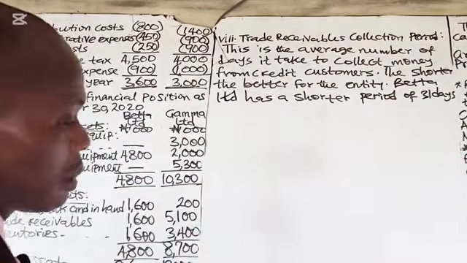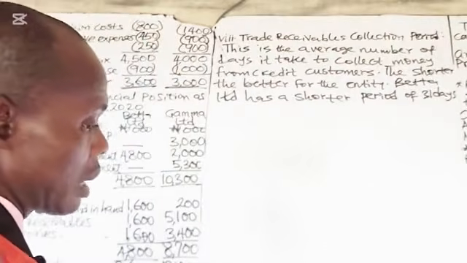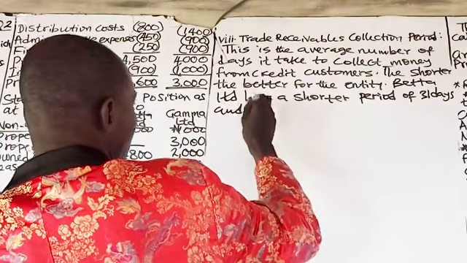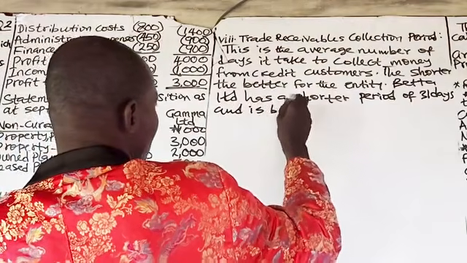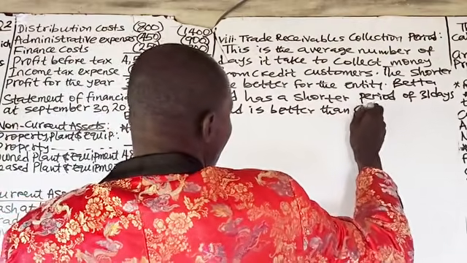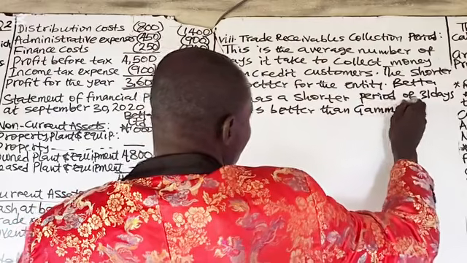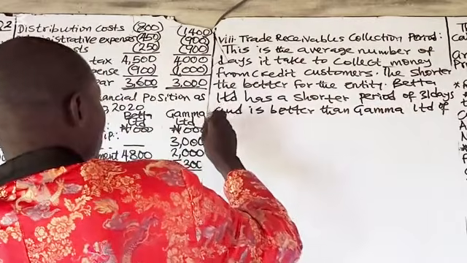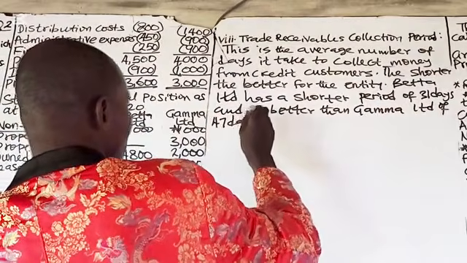I've told you the shorter the better, and it's better than Gamma Limited of 47 days.